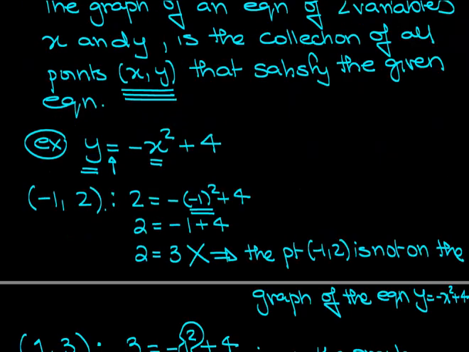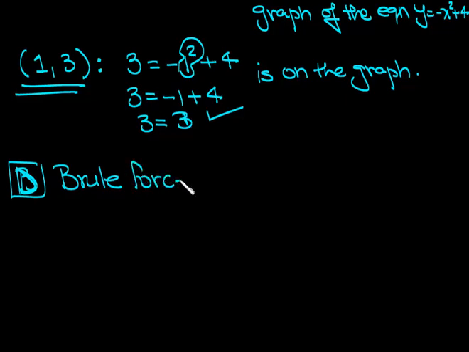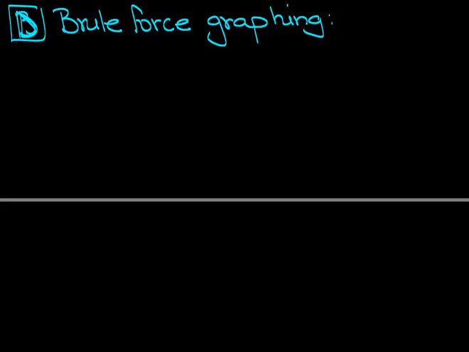So this is an equation in 2 variables. Let me show you how to graph an equation in 2 variables. And this time I'm not just going to call it graphing, I'm going to call it brute force graphing. Later on we'll learn some other ways to graph that are a little bit better than this. So what do we do?